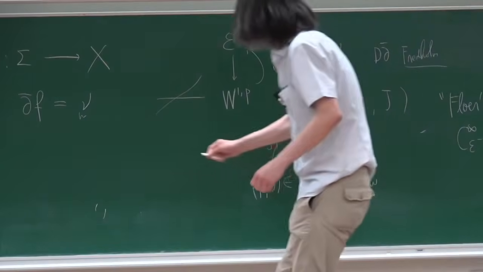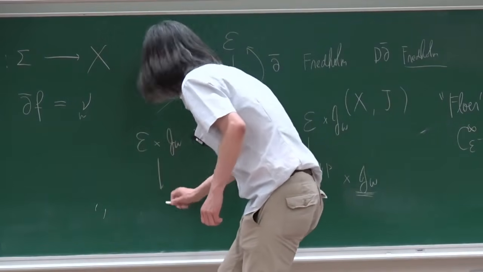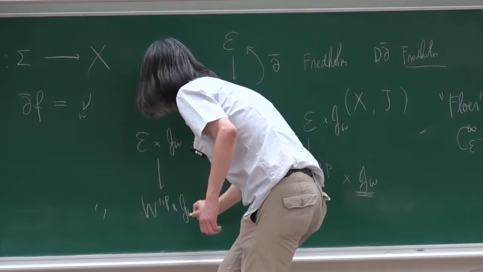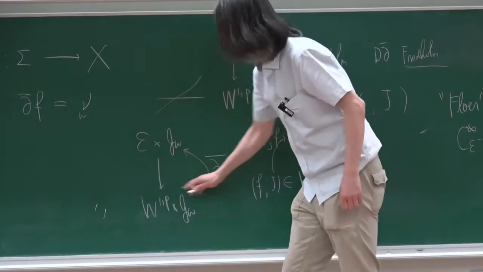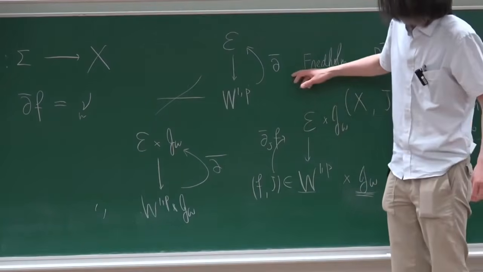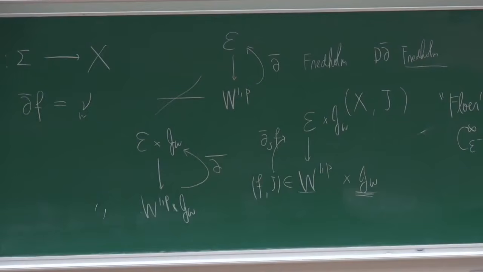So now, in this case, it may be possible to make this one transversal to the zero section. Maybe it's better to say the following, so let me write it more precisely.